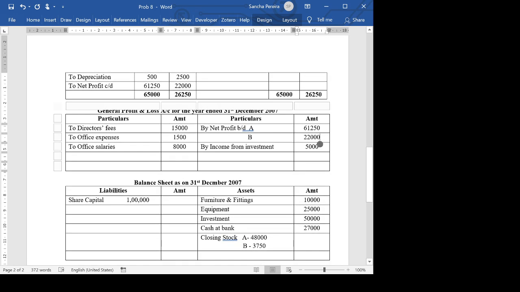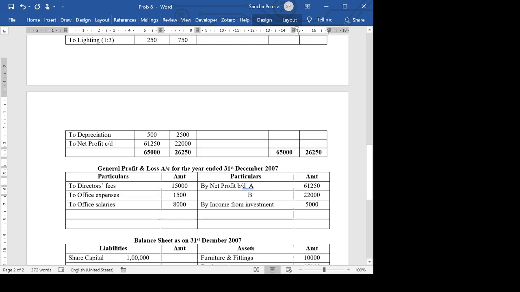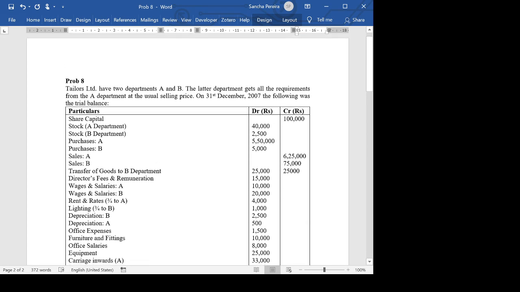Before we go to finalize the general profit and loss account and find out the overall net profit, what we need to calculate is the stock reserve. Why does the stock reserve come into the picture? Because the interdepartmental transfers are made at selling price. Let's go back to the problem.